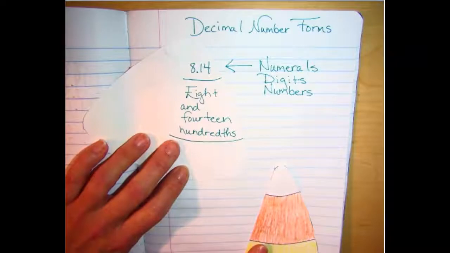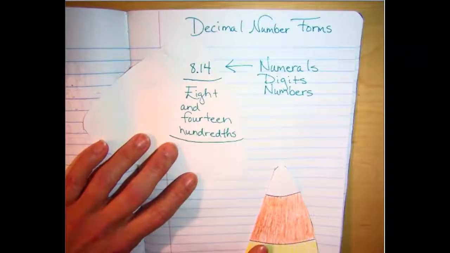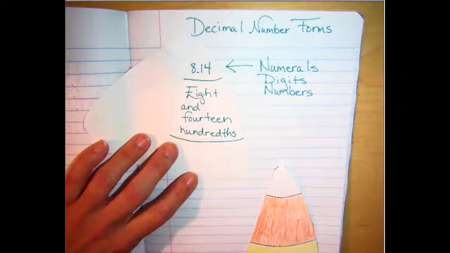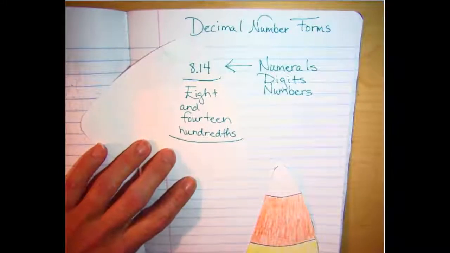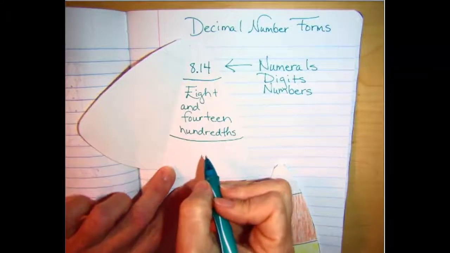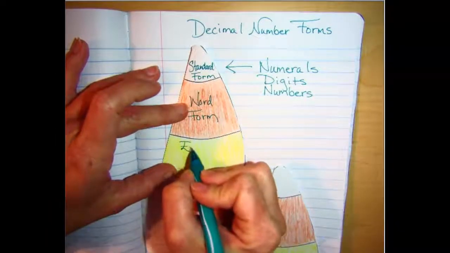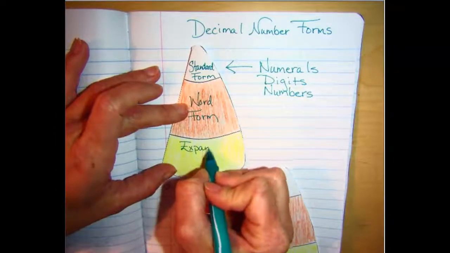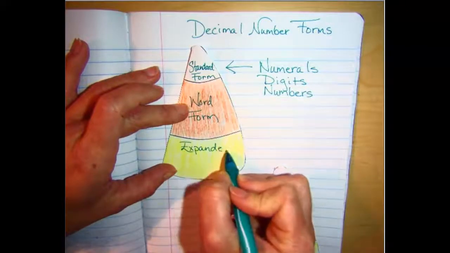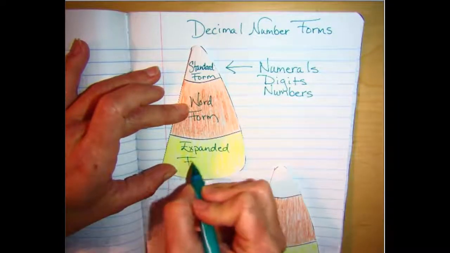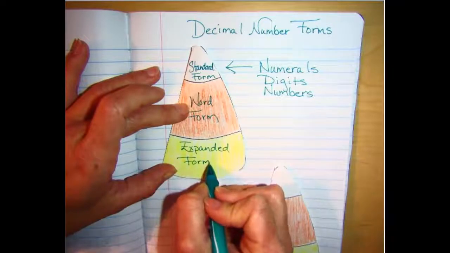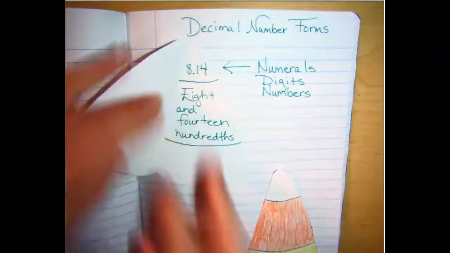So when we do expanded form, I'm going to show you 2 different ways you're going to see expanded form. And you're just copying this in your book. So for expanded form, you guys have been doing this with whole numbers for a while, but it looks a little different with decimals. Sometimes they throw fractions into your expanded form.